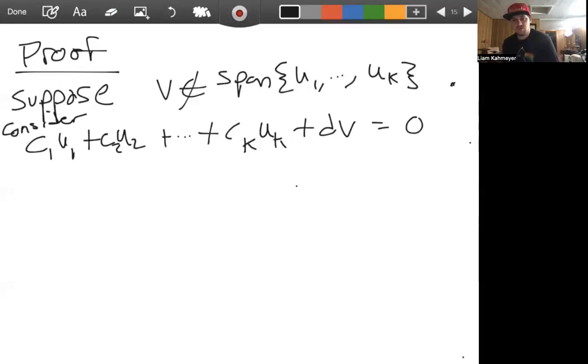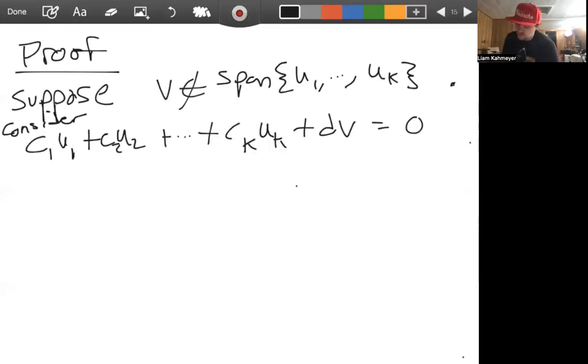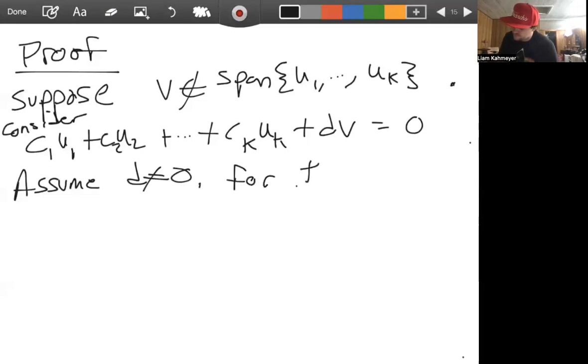What we're going to do is approach via contradiction, right? We're trying to show that the set u1 through uk, v is linearly independent. So by way of contradiction, let's assume that it's not, right? Let's assume that d is not 0 for the sake of contradiction.